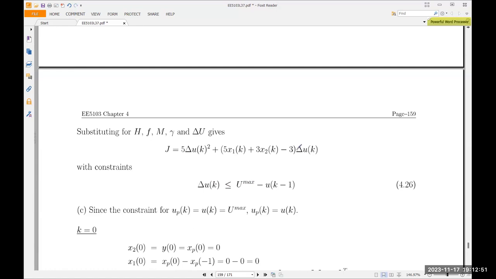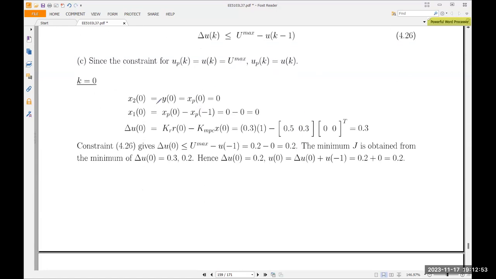So I just do a few rounds for you. When we first started, everything is 0, so this is 0. Then U, without constraint, is calculated to be 0.3. You put this in here, put this in here. Now, delta U, this constraint says that this is 0.2 minus this is 0, so a constraint of 0.2.